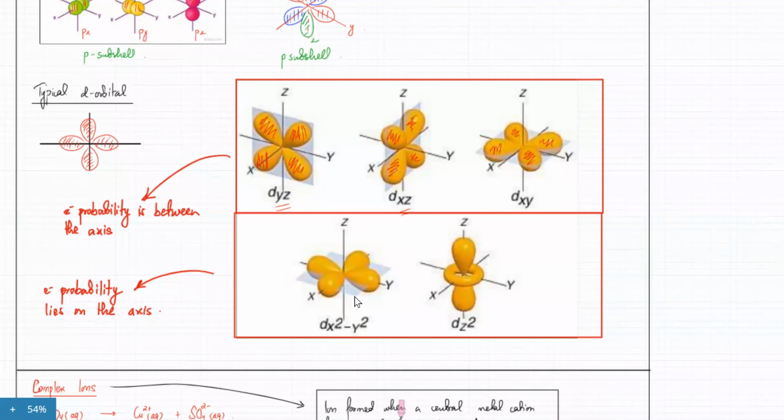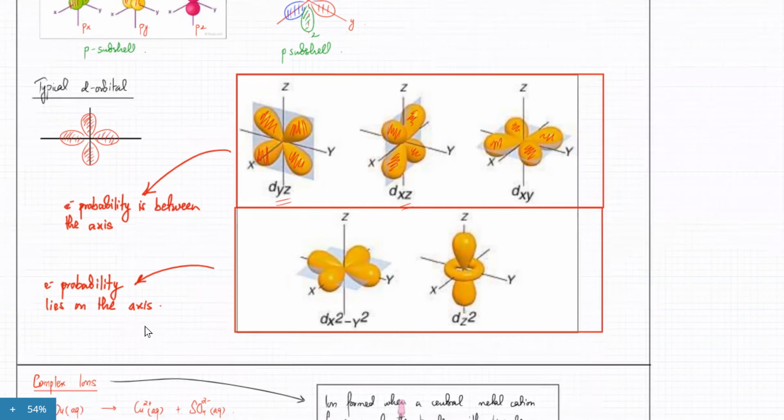You've got electrons that are lying on the x and the y axis, and on the z axis. So some electrons exist between the axes, and some exist on the axes. You've got 5 different d subshells, d orbitals. Probability is between the axes, and sometimes the probability lies exactly on the axis.